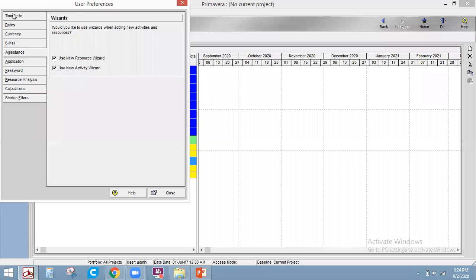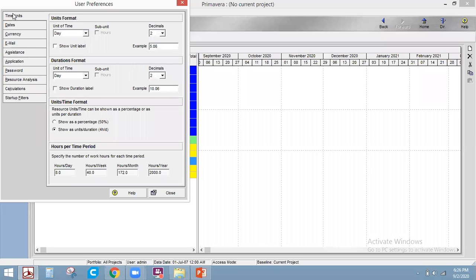Here you have time units, right? In these time units, we have hour, day, week, month, and year according to your project. Usually, if you work on an extremely labor basis, we will go for hours.